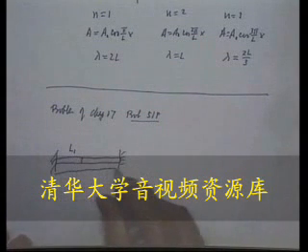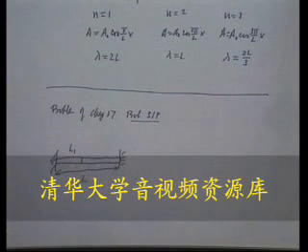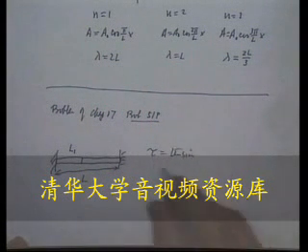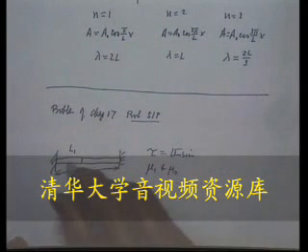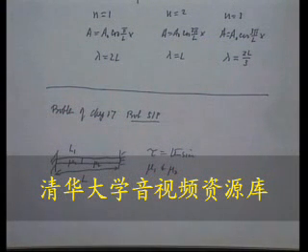The total length is L. Part of it is of one material, part of it is of another material. Tau is of course fixed, the tension is fixed. But it has two mu, mu1 and mu2. Here it is mu1, here it is mu2. Let's investigate what happens.